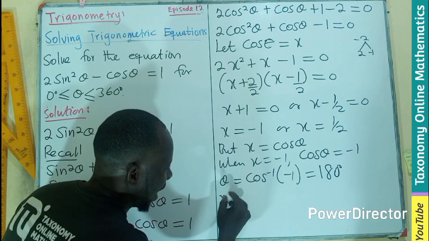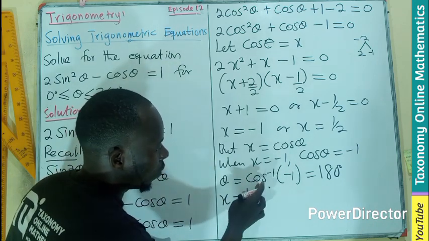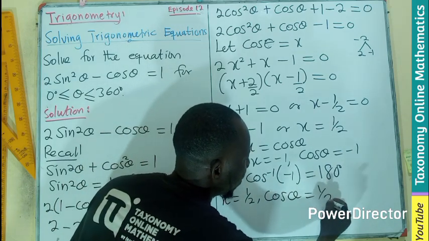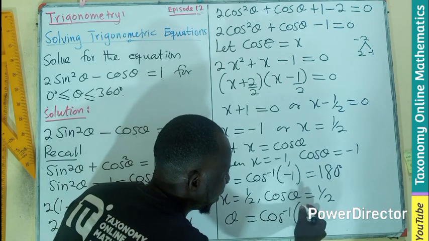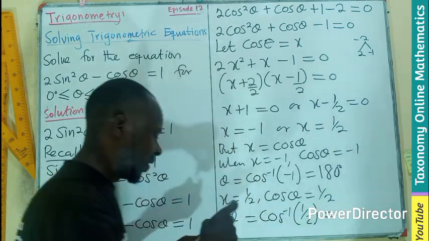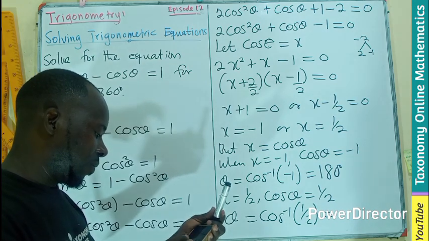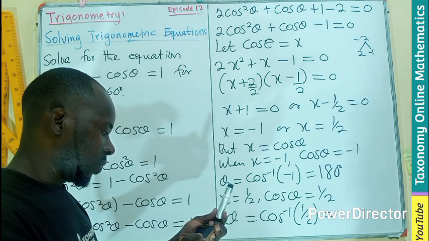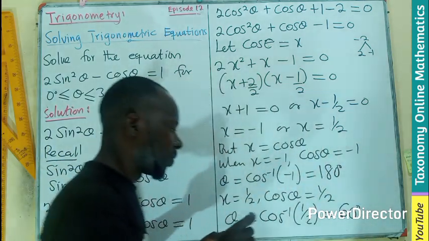Then when x is positive half, cos theta equals positive half, making theta equal to the cos inverse of half. Let's see what I get. That will give me 60 degrees.